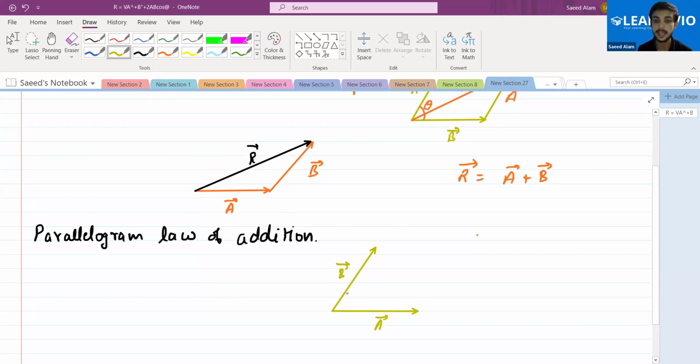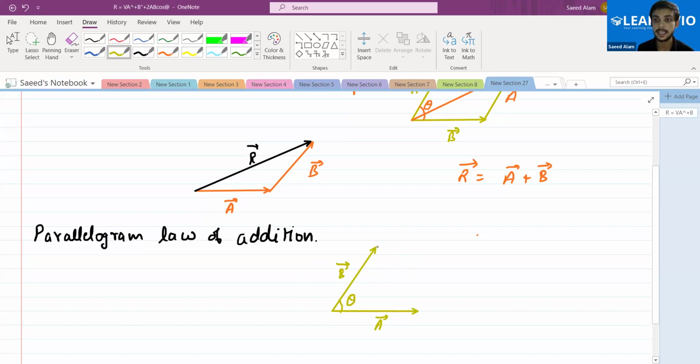If this is A and this is B, are we in a very good position to find out the theta? Yes or no? Yes, we are in a very good position, because theta is the only thing required, and we are getting it from here. And what is the next thing that we want? The next thing we want is the resultant. Yes or no? Yes.